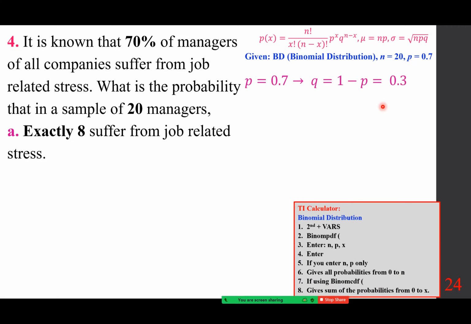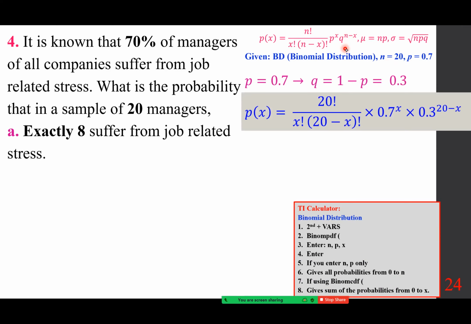We can plug into this formula, replace the N with number 20, P with 0.7, Q with 0.3. So again, step by step, into this formula goes N, so 20 factorial over X factorial times 20 minus X factorial, times P to the power of X, which is 0.7 to the power of X, times Q to the power of N minus X, Q is 0.3, N is 20 minus X.